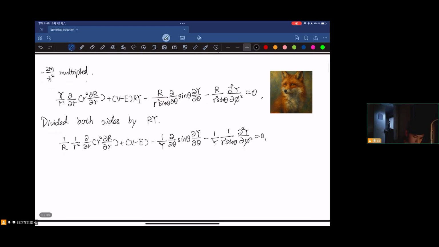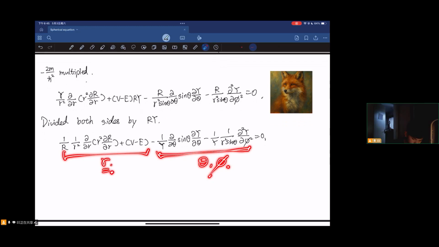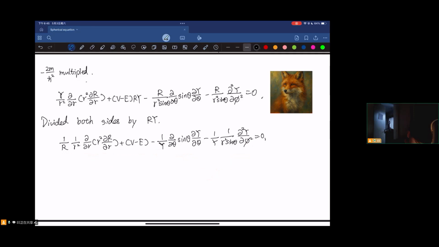Okay. So now it's the pretty common separation of variable, because we have here everything is related to theta and phi. Here everything is related to r. So what if I move one term to the right side?